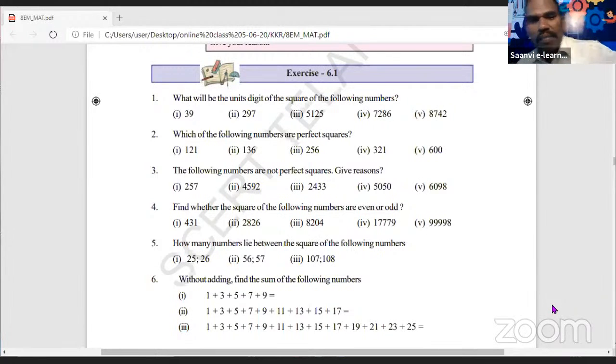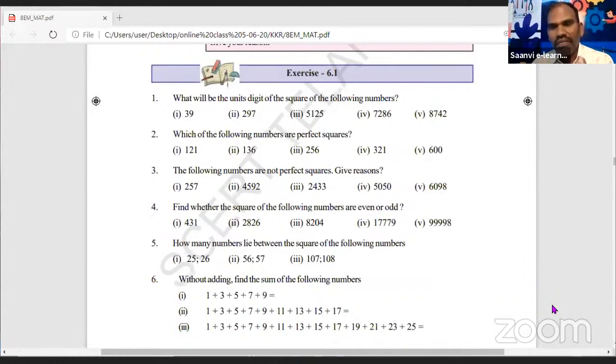Next, third bit: the following numbers are not perfect squares. Give reasons. 5 numbers are there. Those 5 are not perfect square numbers. What is the reason? See here, 257.